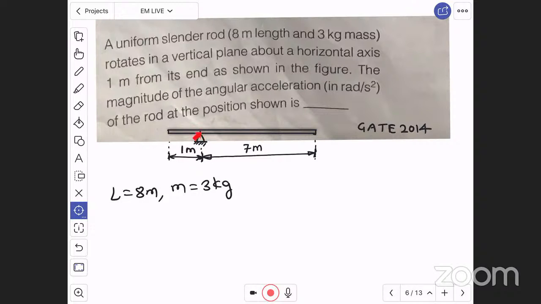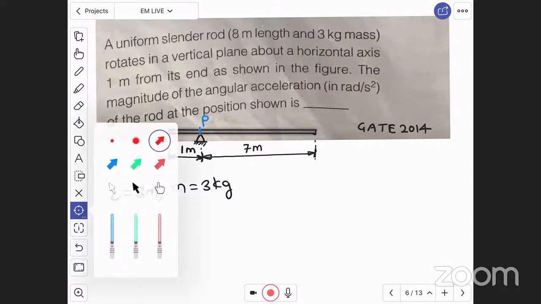My dear students, it is rotating about this point P. Let us say I will name this point as a point P. And it is rotating about point P, which is nothing but at 1 meter from one extreme end. तो दिया है ना, वो तो दिख रहा है आपको क्वेश्चन में, right?